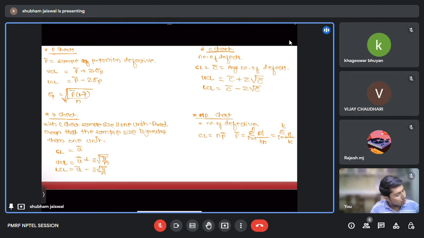The lower control limit is given by NP bar minus Z under root of NP bar into 1 minus P bar. Okay. The upper control limit is given by the same, only the difference is in the sign, plus. Okay, so this is about the NP chart.